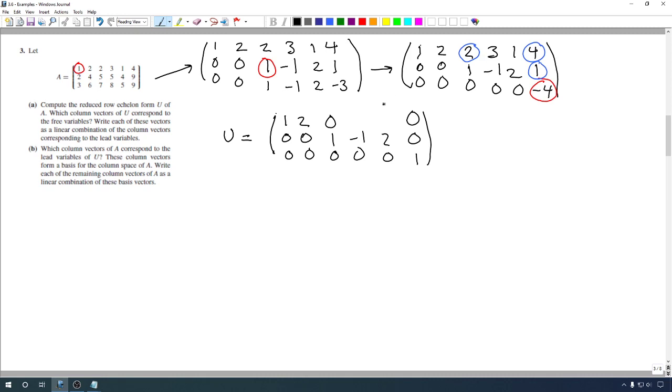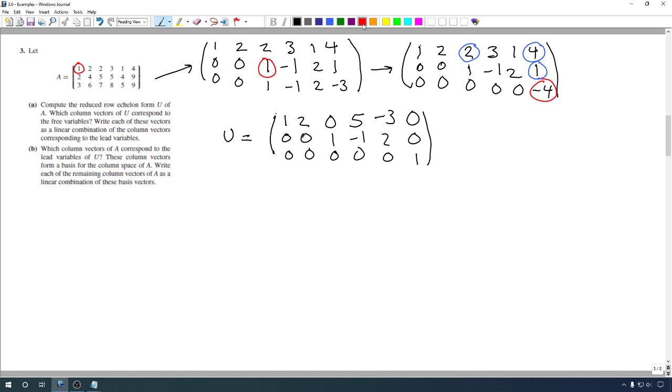So this 3 actually turns into a 5, and this 2 changes that 1 into a -3. So we basically just subtracted 2 times the second row from the first row. And this is, at least, the first part of part A. So we computed the reduced row echelon form of the matrix A.